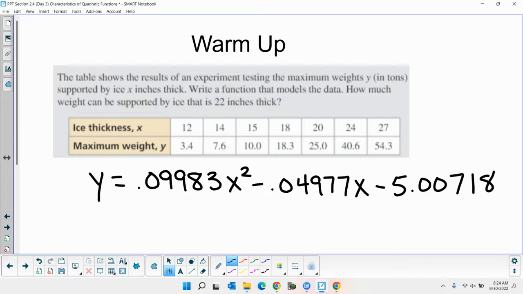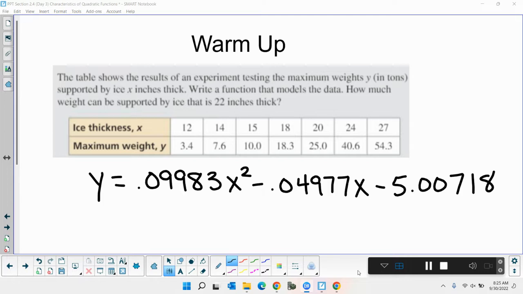Your quadratic regression. All right, how much weight can be supported by ice that is 22 inches thick? Berkeley? I got negative 63.85. Ooh, that doesn't seem right, does it? Negative amount of weight? Did you put 22 in for X?